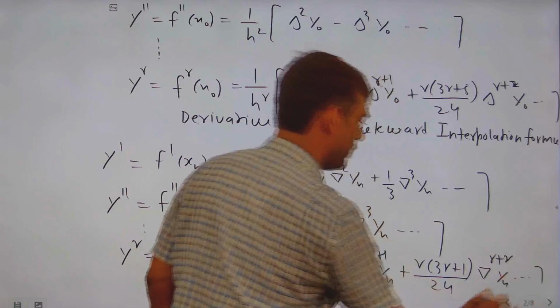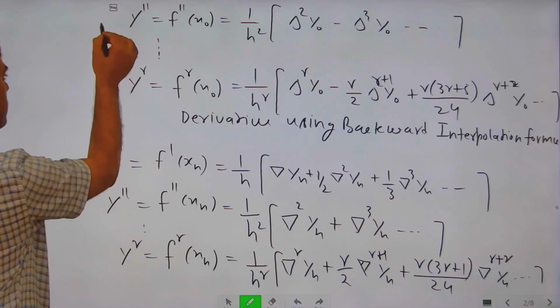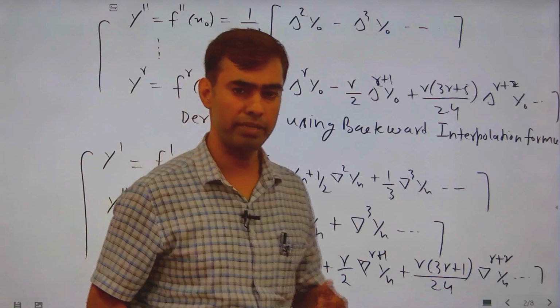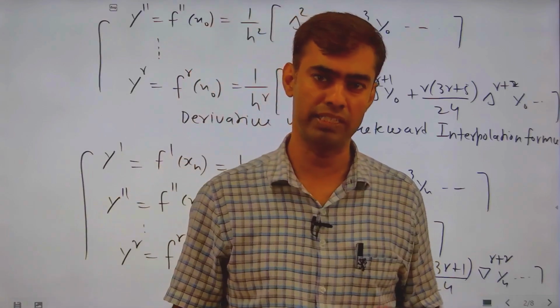So this is the way. These formulae are for the forward and these formulae are for the backward interpolation formula. We find the derivative at x equal x0 and x equal xn.